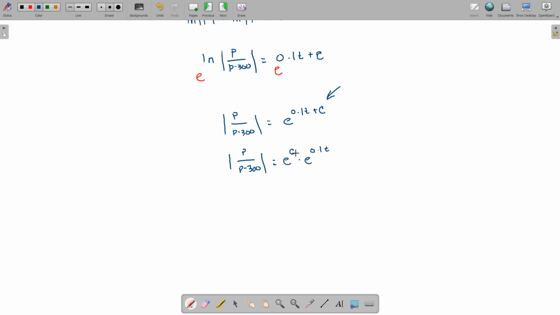When you have the same base, you can add the exponents, which is exactly what this says here. Okay, now c is any arbitrary constant. So if I take e and raise it to the c, that is also just an arbitrary constant. But over here we have the absolute value. So if I wanted to get rid of the absolute value, what we would have to do is put plus or minus in front of this.